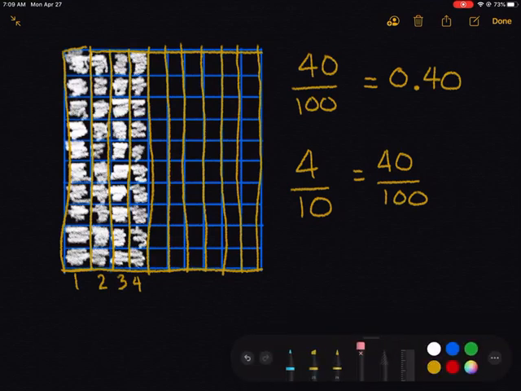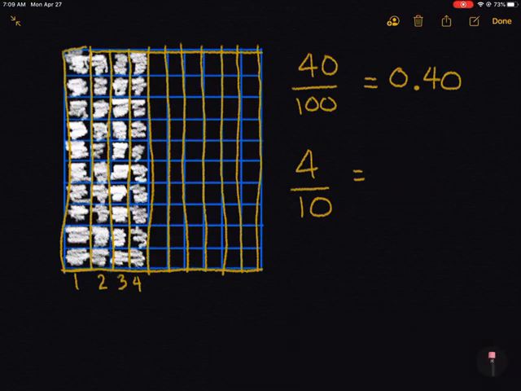Now, I can also make this into an equivalent fraction or equivalent decimal, right? So if before I had 40 hundredths, now I'm reading this fraction as 4 tenths. Think about how I would write that as a decimal. 4 tenths.